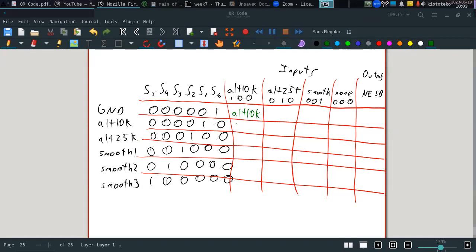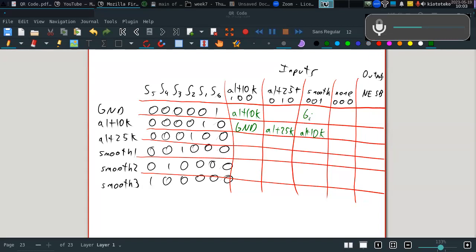If you are in the alt 10K and you receive alt 10K, you go to ground. Then if you are in alt 10K and receive the alt 20K, you go to alt 20K. Let me just fill all these because I don't have that much time.